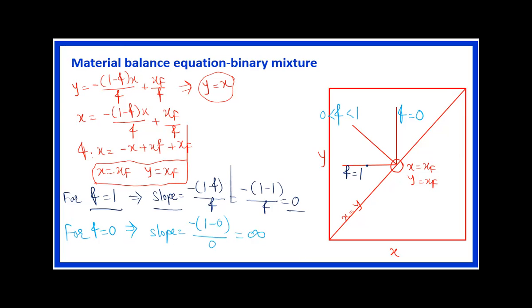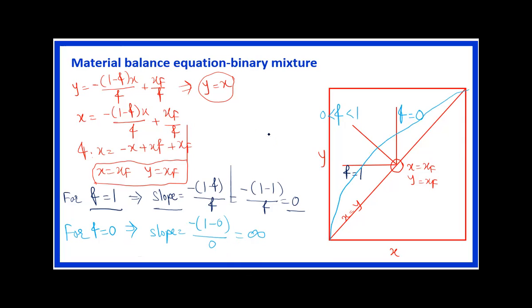So on the basis of f values, we can calculate the slope of this operating line, and on the basis of this slope, we can draw the operating line on the XY diagram, right? So generally, the operating line of distillation is like this, and then you can draw the operating lines with the help of this flash distillation conditions, right?